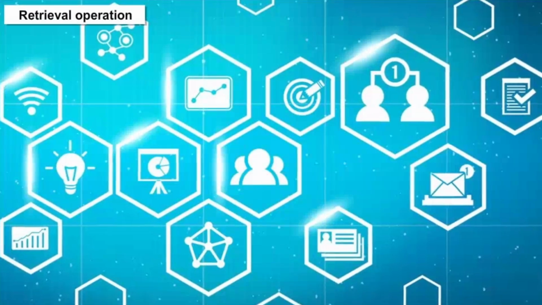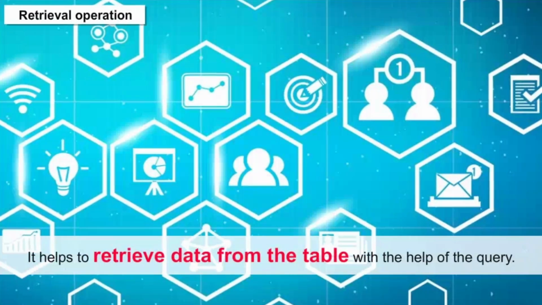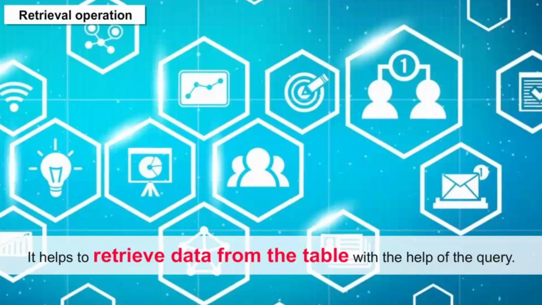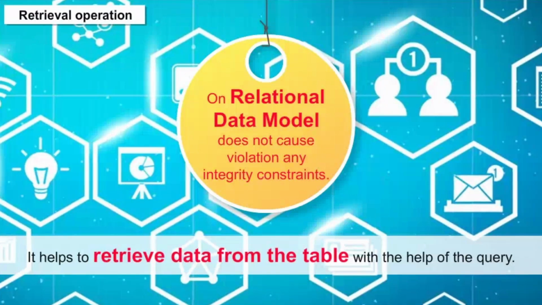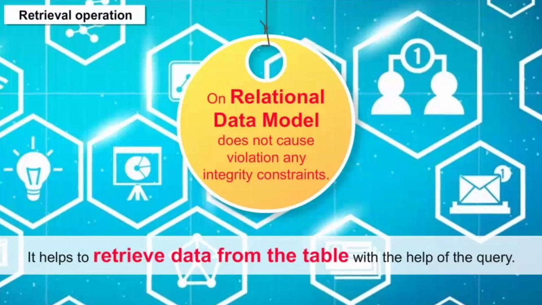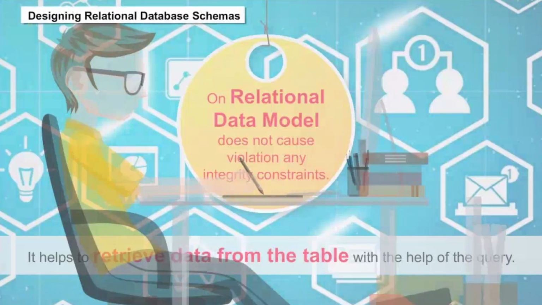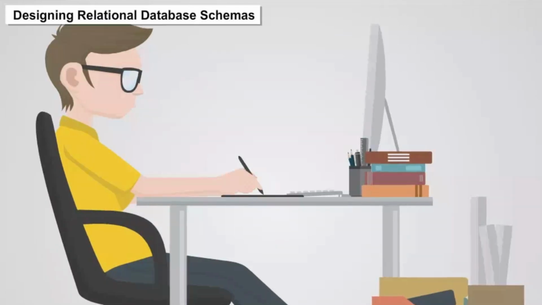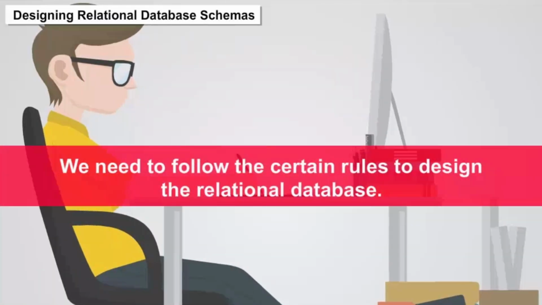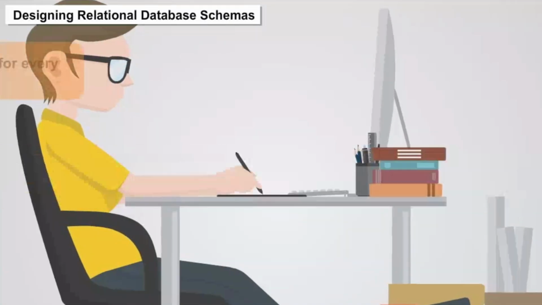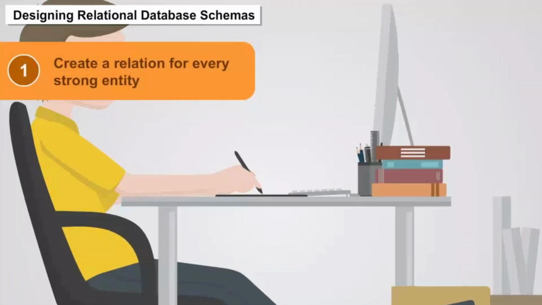Retrieval operation. It helps to retrieve data from the table with the help of a query. On the relational data model, it does not cause violation of any integrity constraints. Designing relational database schemas. We need to follow certain rules to design the relational database. 1. Create a relation for every strong entity.